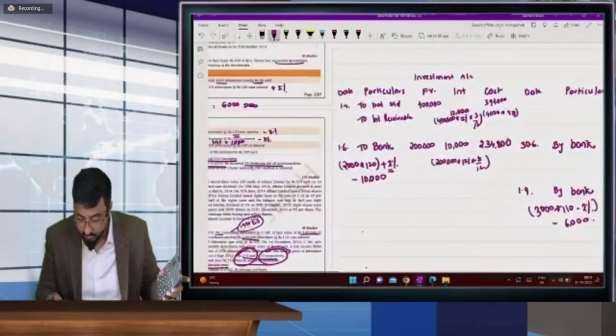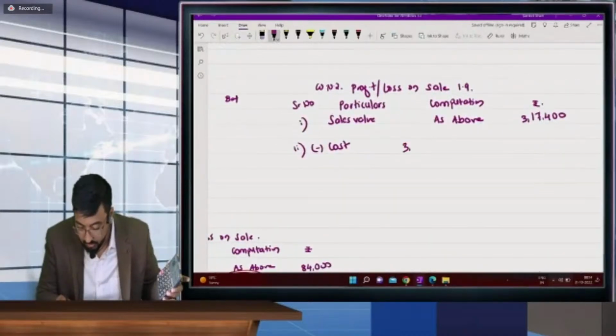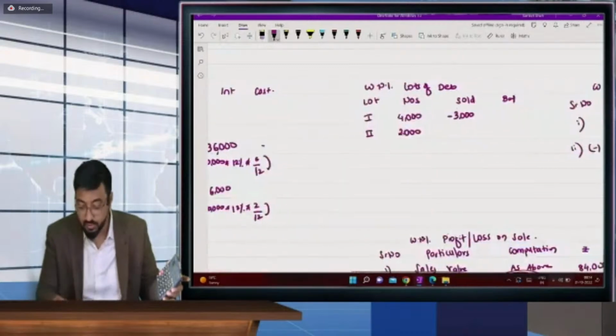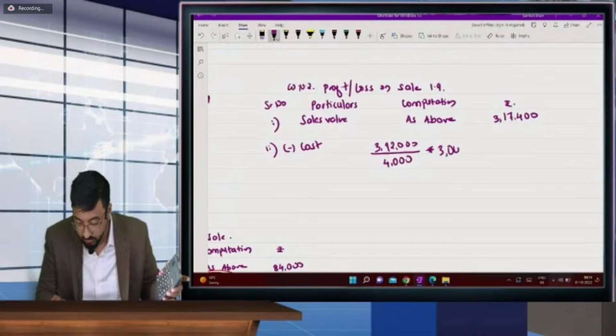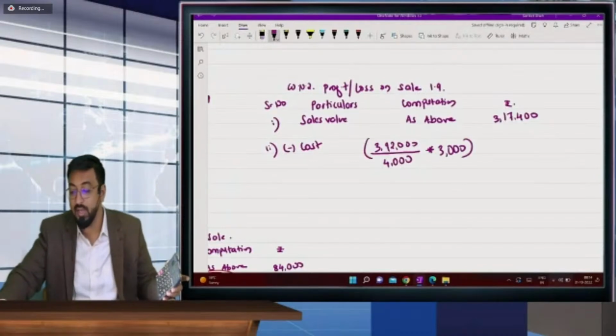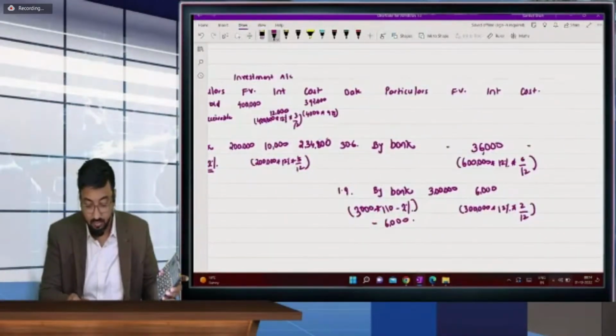Cost. Cost is 3,92,000 divided by 4,000. First in, first out. So it is from lot 1 and you sold 3,000. Okay. So for 4,000, 3,92,000. So this is lot number 1, 392.